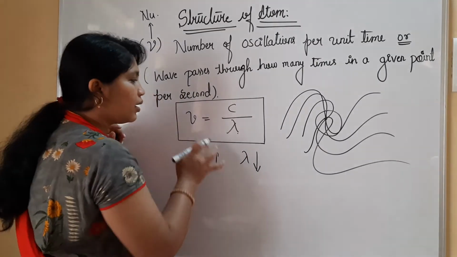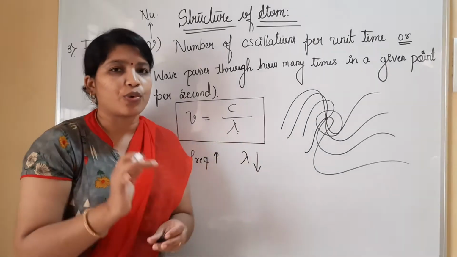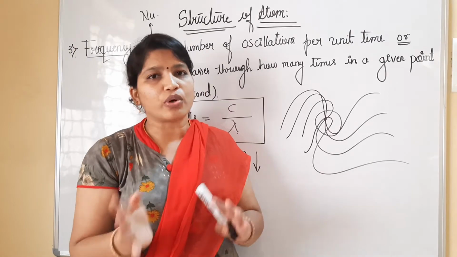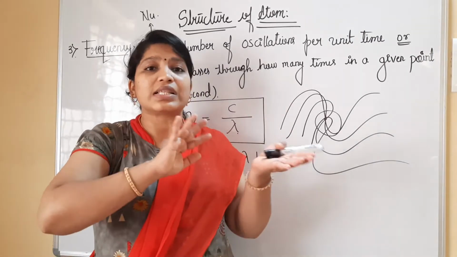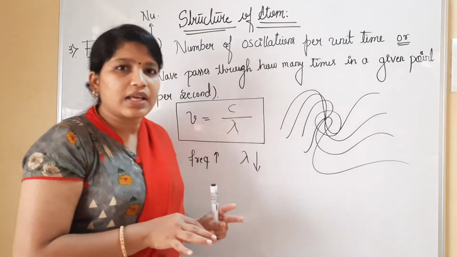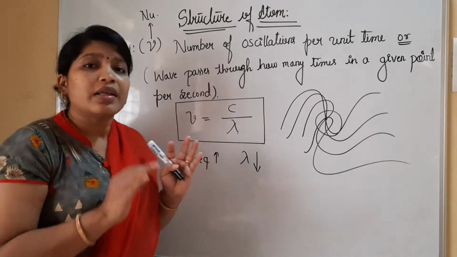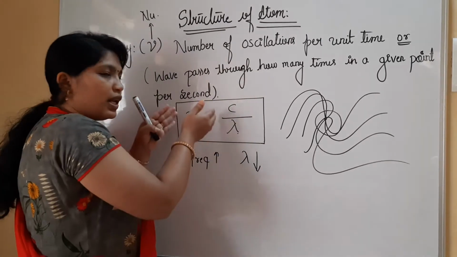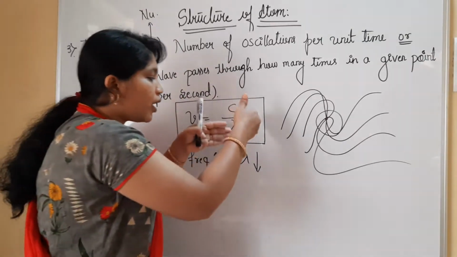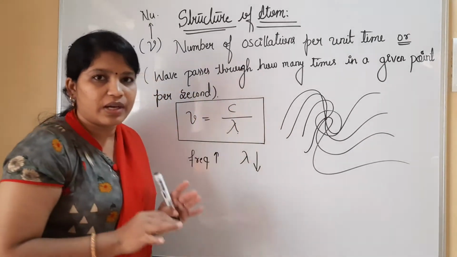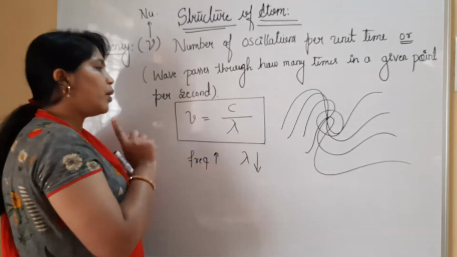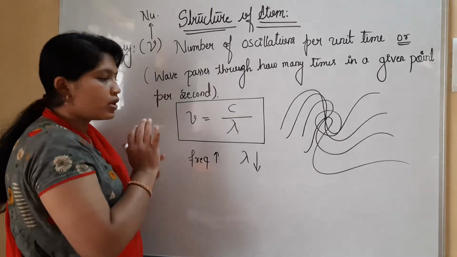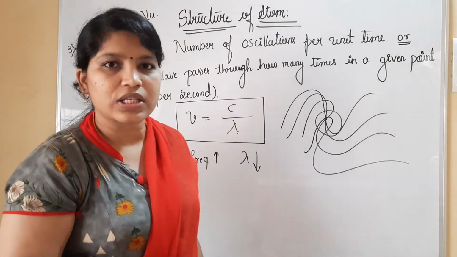That means that they are inversely proportional to each other. If they are directly proportional to each other, both the parameters will be increasing simultaneously. I am telling here that these two are inversely proportional. It means that once frequency of a wave increases, wavelength of that wave is going to decrease. So we will be mentioning nu equal to c by lambda, that is frequency. Just copy this one, we'll move to next parameter.